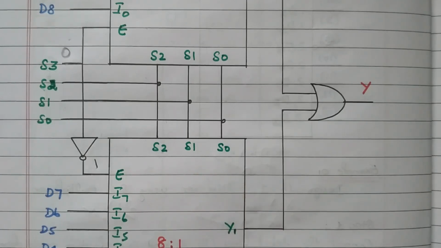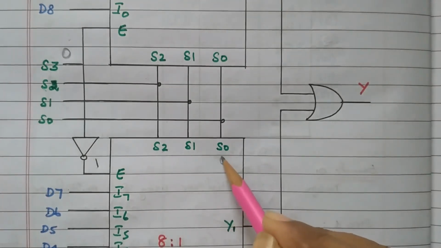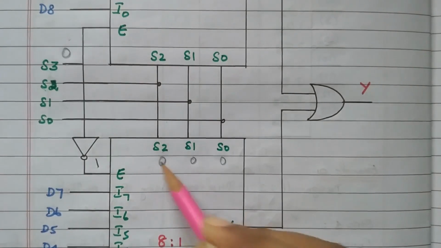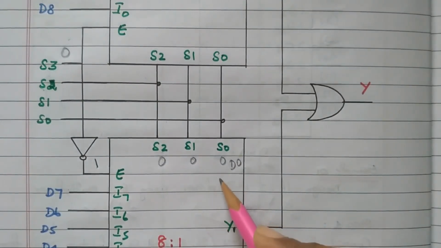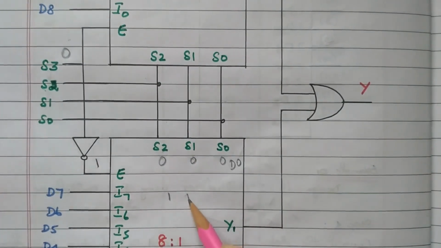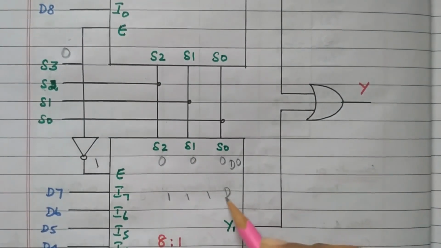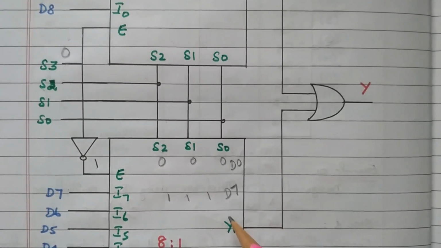Accordingly, out of the 8 inputs available, one will be transferred. Finally, 1, 1, 1, at that time D7 will be transferred, right.